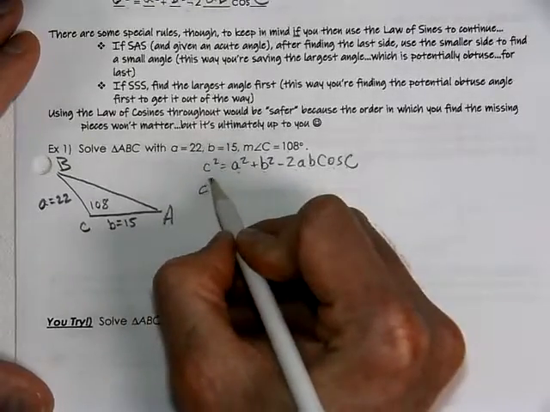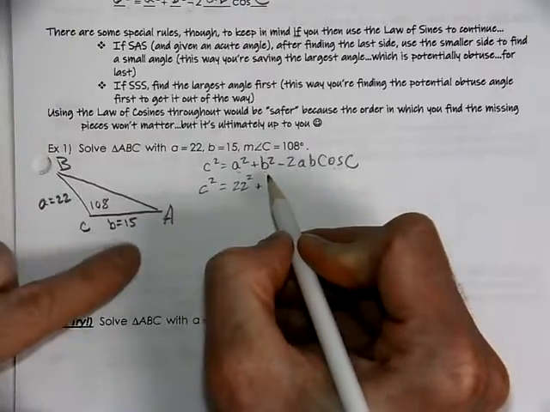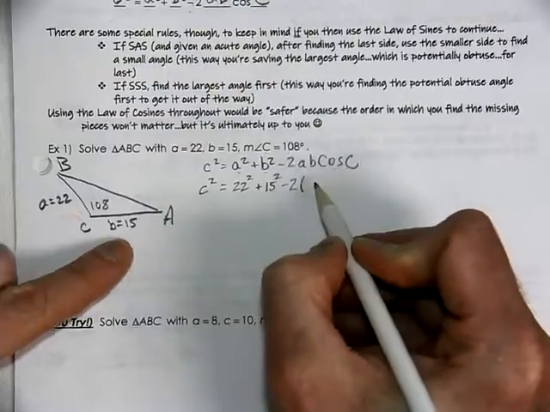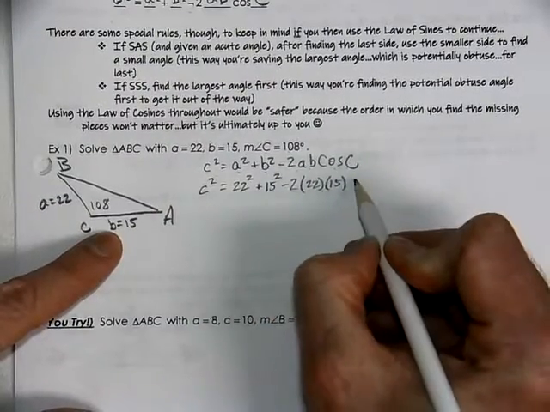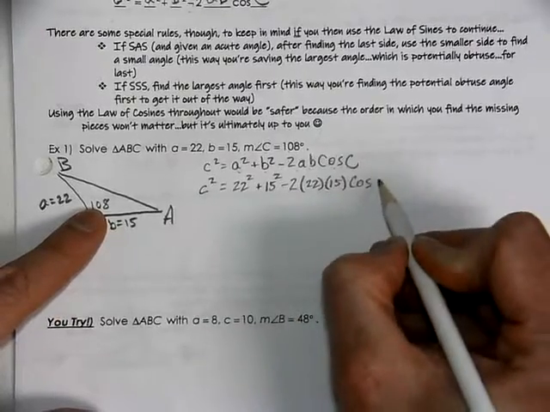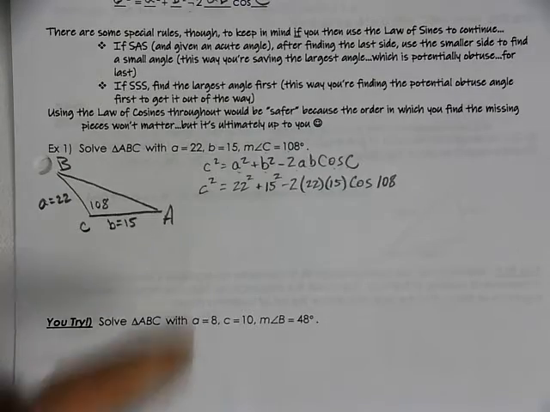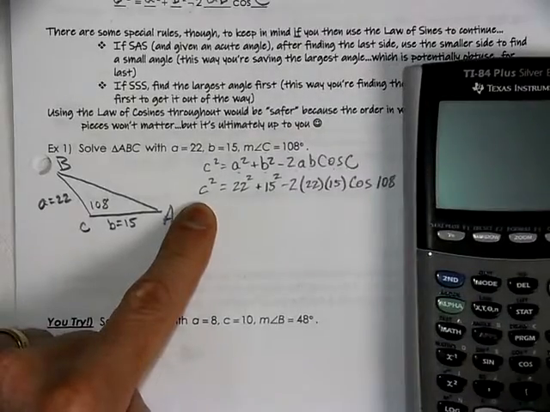I'm looking for C squared. My A is 22. My B is 15. 2 times my A is 22 and my B is 15. Cosine of 108. So I have one unknown. I have all the other values.